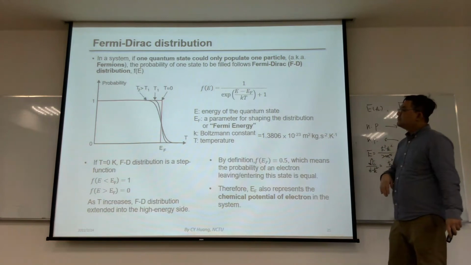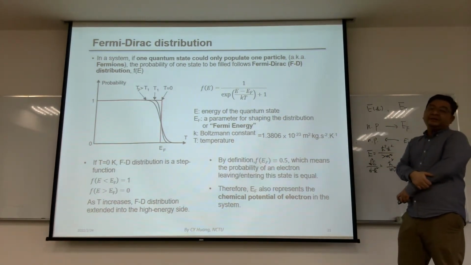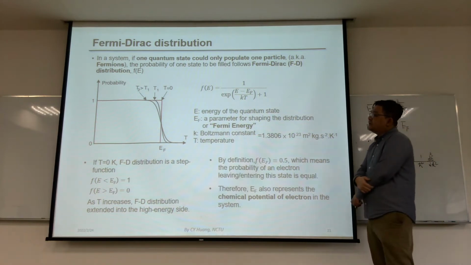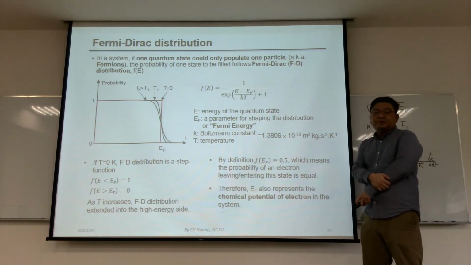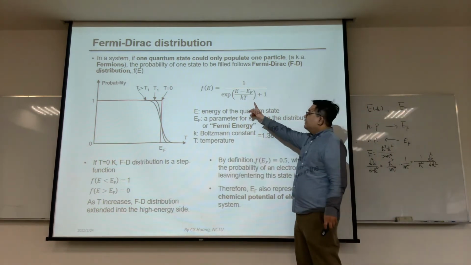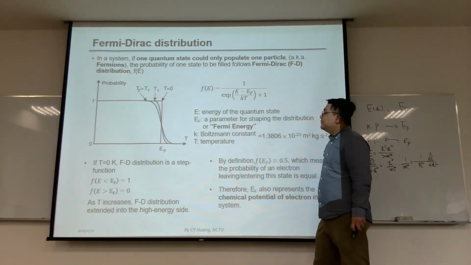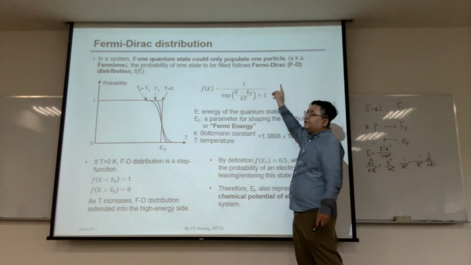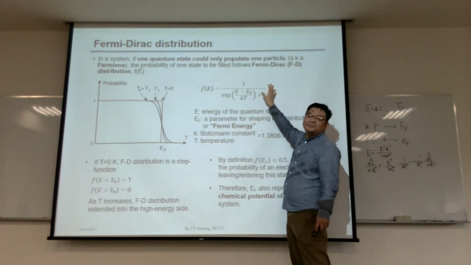So what's the probability of the residence of an electron? It comes to the important distribution called the Fermi-Dirac distribution. It only has one variable, its Fermi level, the position of the Fermi level. I think you must have seen it somewhere, or this class will be too difficult for you.